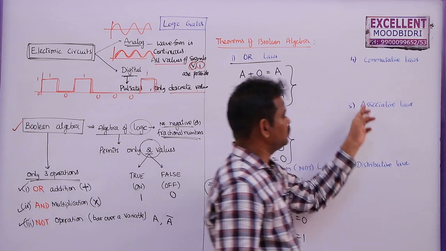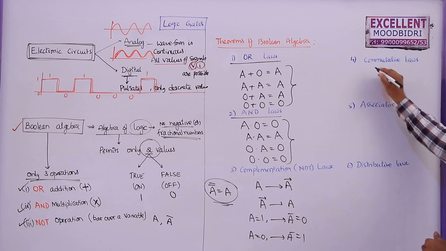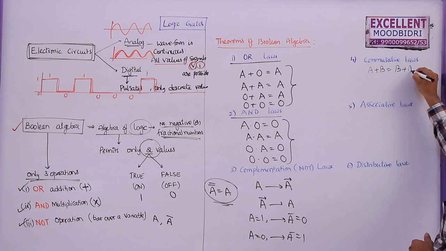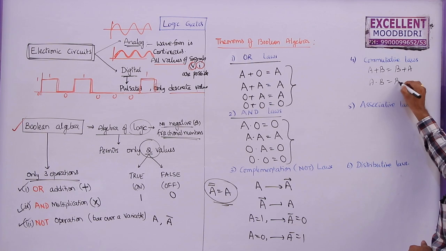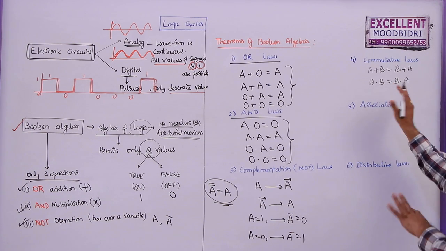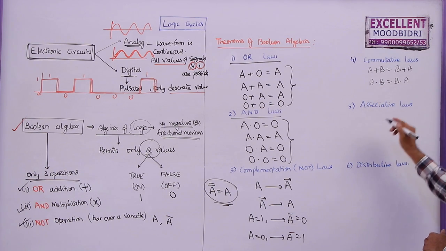Now let me come to this part: commutative laws, associative laws, distributive law. In the commutative law, we know that A plus B is equal to B plus A. Similarly, A dot B is equal to B dot A. So you can use this in any term. That means this will be first one into second or second into first, both are the same.